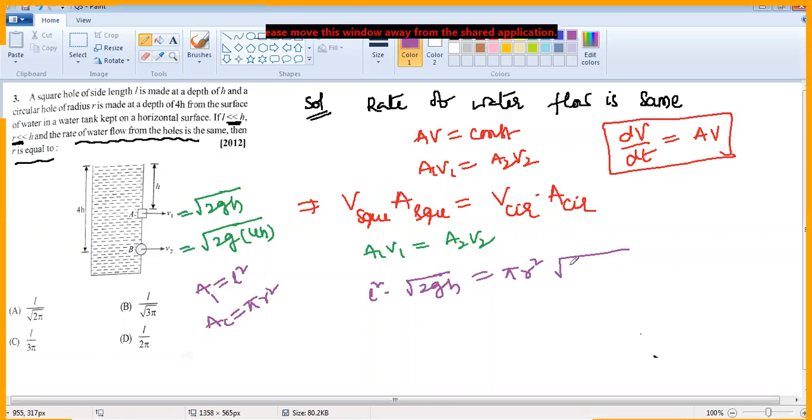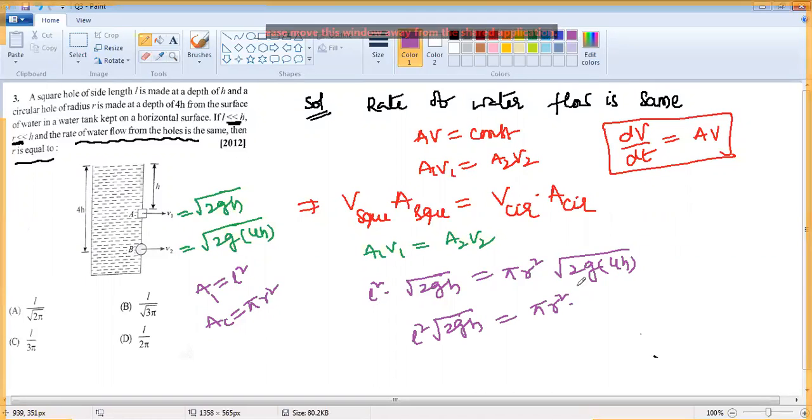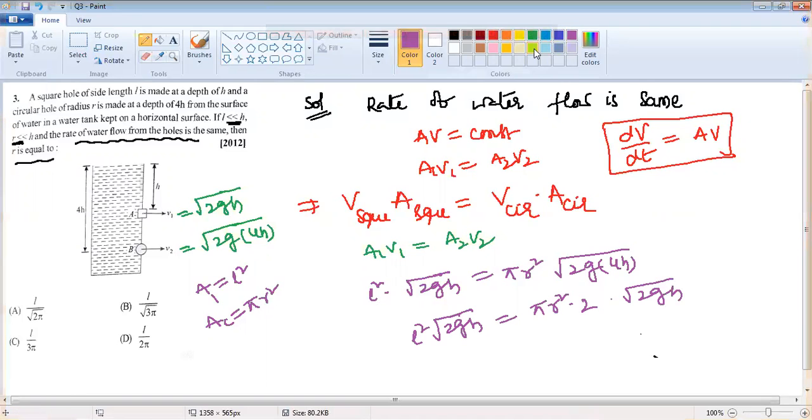V2 is root over 2g into 4h, because this is 4h depth from the free surface. Now 4h brought to this side, that should be L square into root over 2gh equals pi r square into root 4, that's 2, into root over 2gh. So root 2gh cancels.